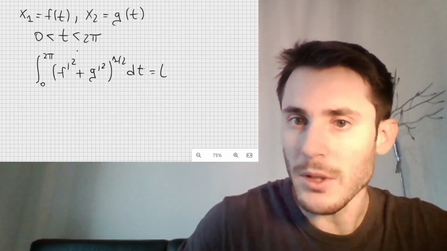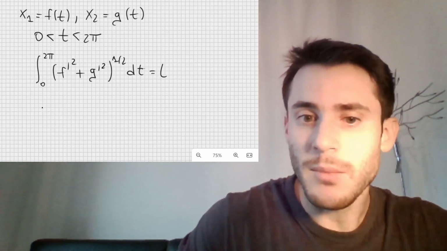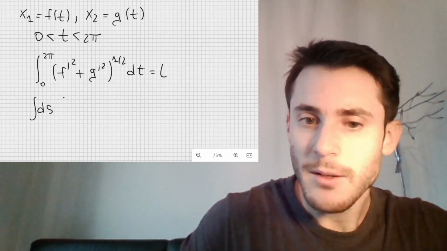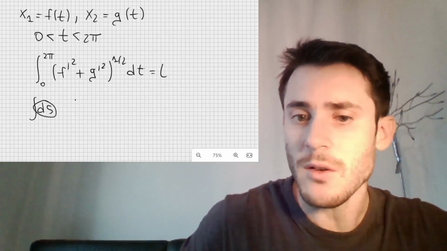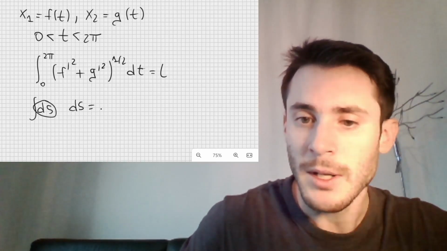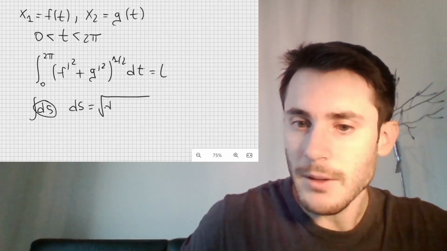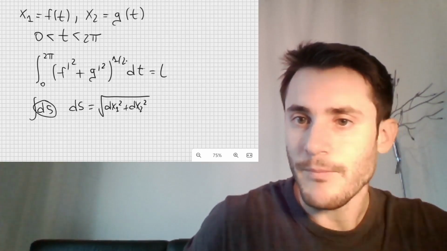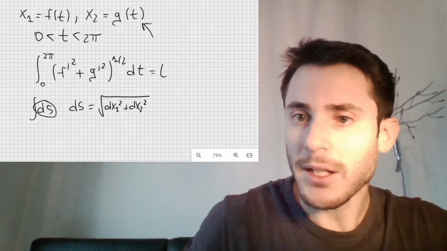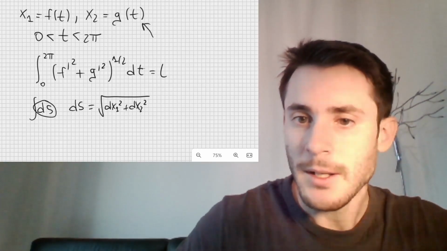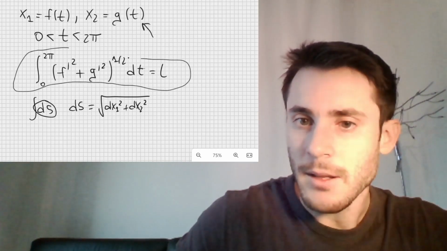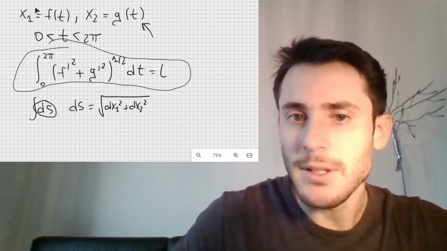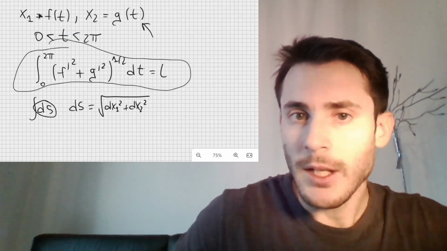It's quite trivial because the length of the curve is given by an integral over ds, where ds is the element of the curve, and ds is simply equal to the square root of dx1 squared plus dx2 squared. And when we parameterize the curve with respect to t, we can write this integral in this fashion.